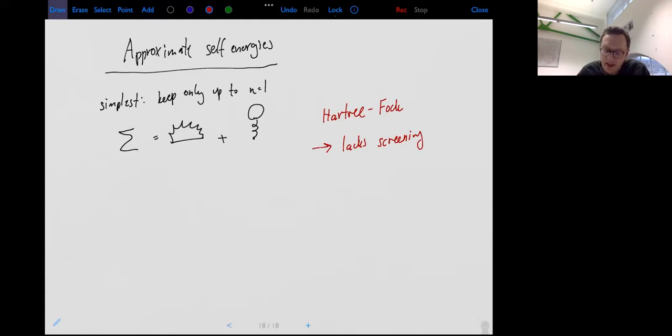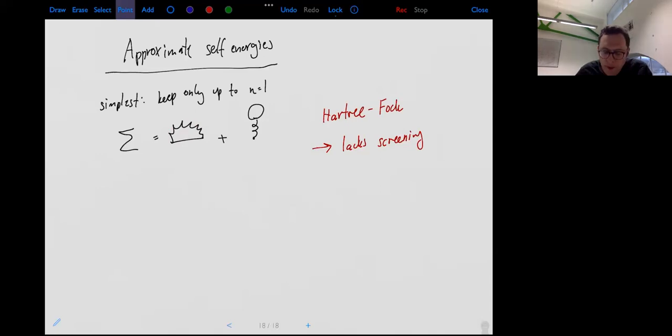Okay, so how do we bring back screening? Screening basically means that we have to replace our bare Coulomb interaction with a screened interaction.